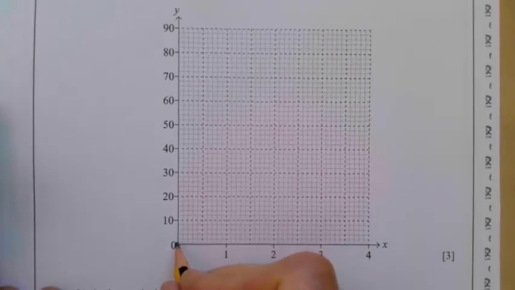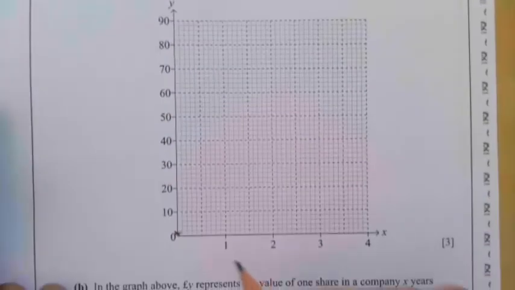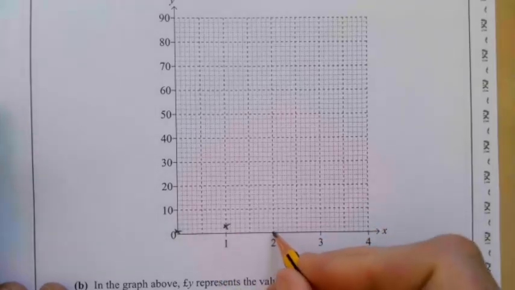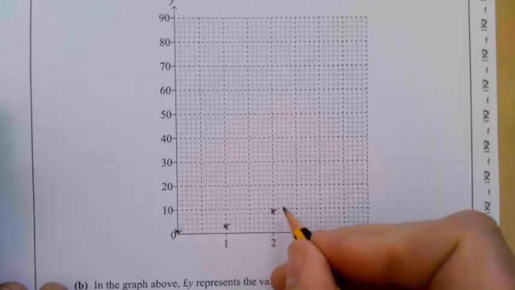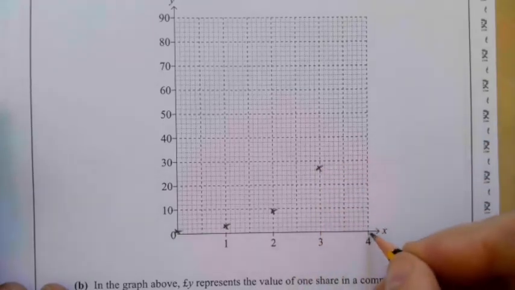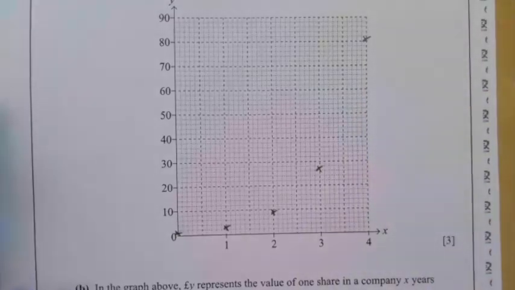So that would be there. 3 to the power of 1 gives me 3. So that's there. 3 to the power of 2 gives me 9. 3 to the power of 3 is 27. And 3 to the power of 4 then is 81. So there's my graph there.